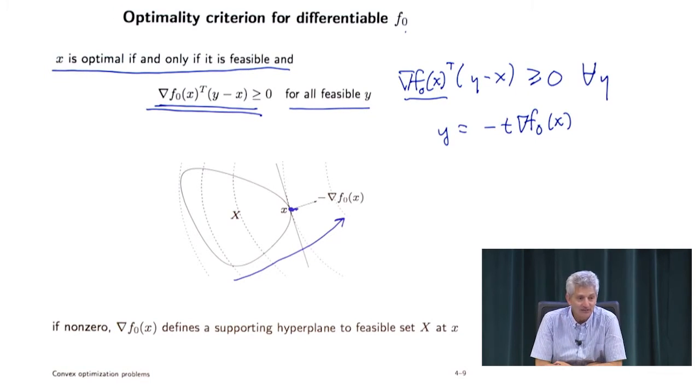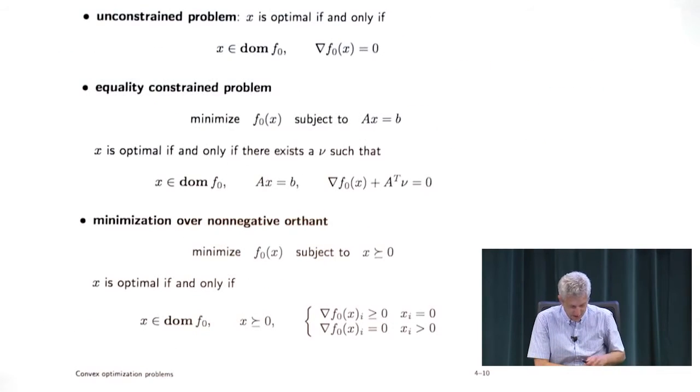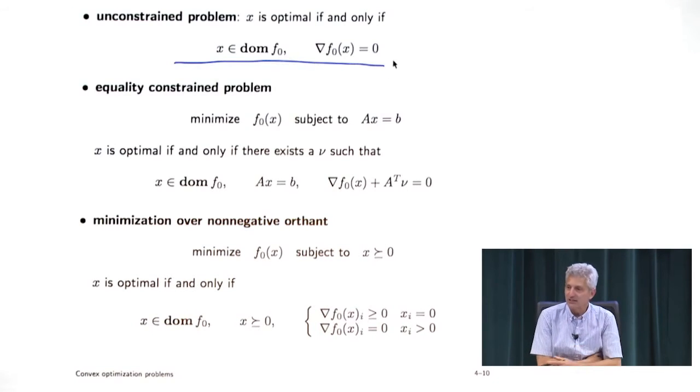Therefore, the only option is that the gradient itself vanishes, and we have reconstructed the high school condition, right? The gradient vanishes. Well, it's a little bit different from high school. Here's why. Because here it's a necessary and sufficient condition. There it's a necessary condition. It's sufficient because of convexity. So we've reconstructed gradient equals 0 as the necessary and sufficient condition for optimality in this case.